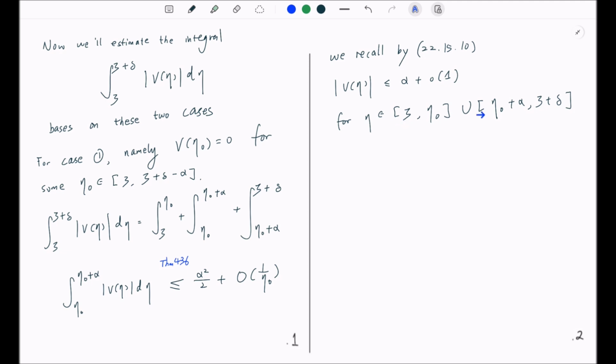Note that the lower bound for this union of two intervals is zeta, and eta lives in here. So this little o of 1 will go to 0 as zeta goes to infinity.